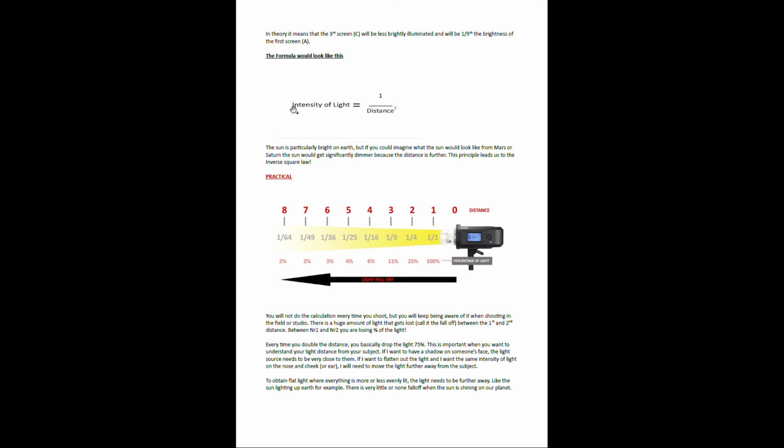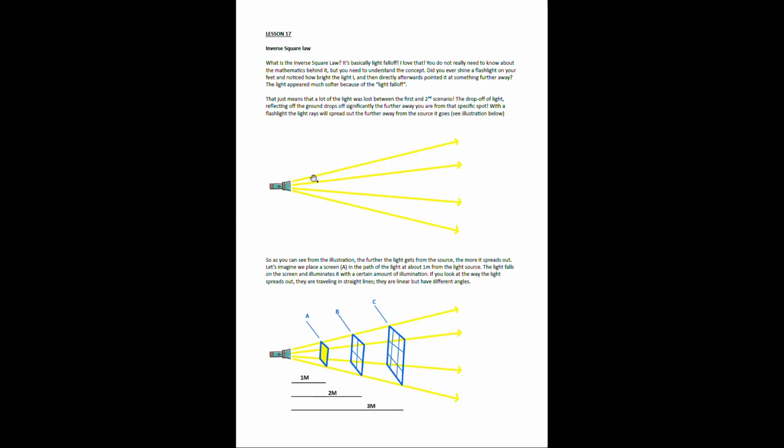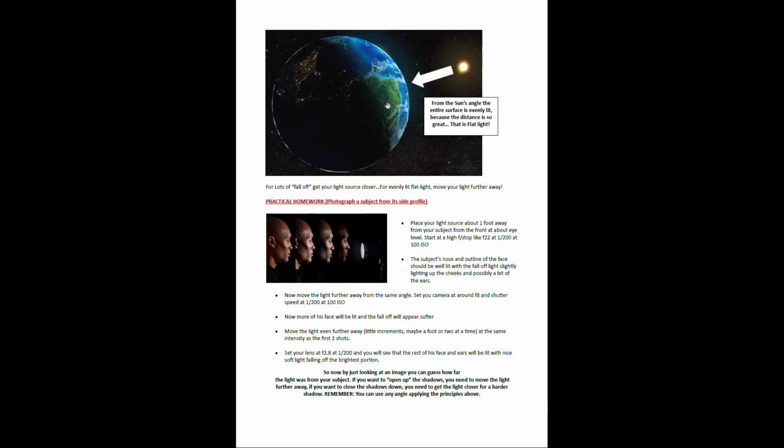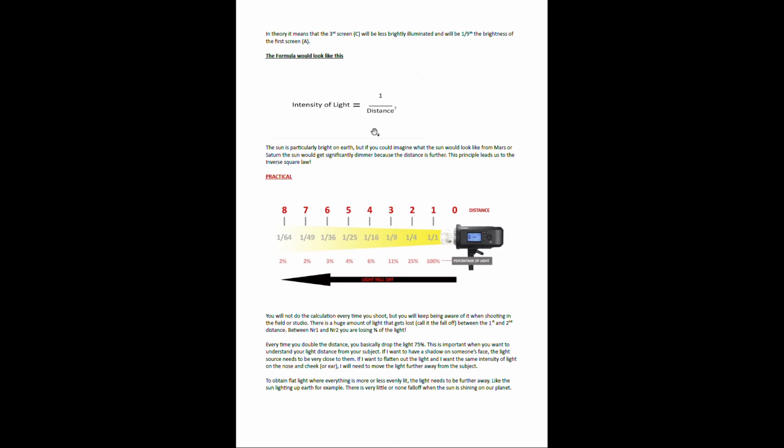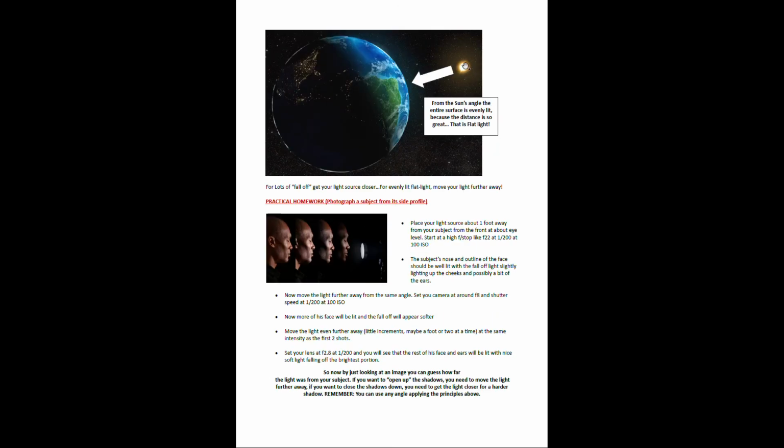So intensity of light is 1 over the distance squared. Exactly the same. You can see the light opens up the further away it goes, exactly the same as we had with this example over here. If we use a different example, the further away the sun is, the more the light spreads, and we end up with flat light.